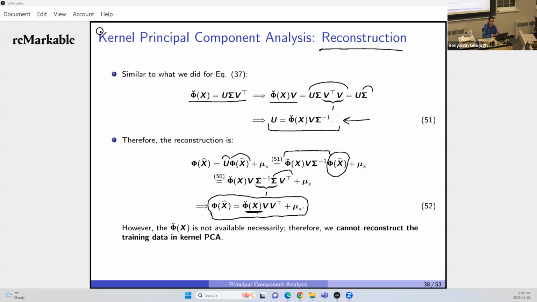But for many of the kernels, I don't have phi breve. I have phi breve X transpose phi breve X, which is the double-centered kernel, right? So as a result, in kernel PCA, we can't reconstruct training data. If we go to scikit-learn, there is no reconstruction for kernel PCA. We can't.